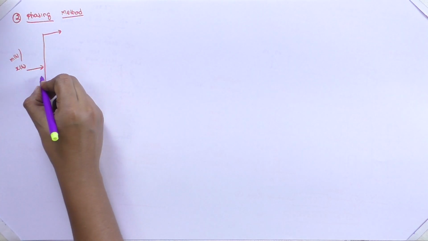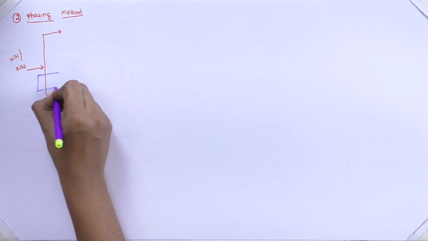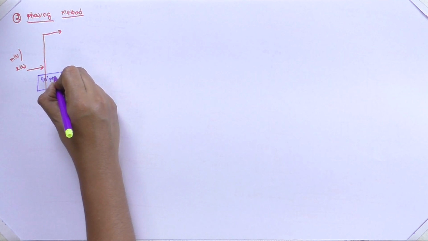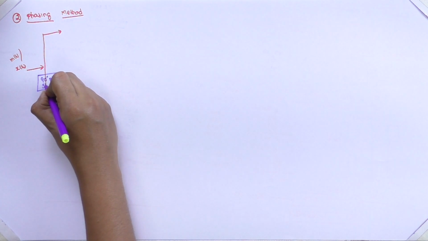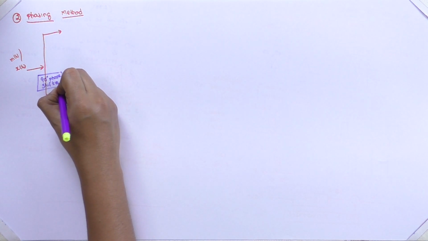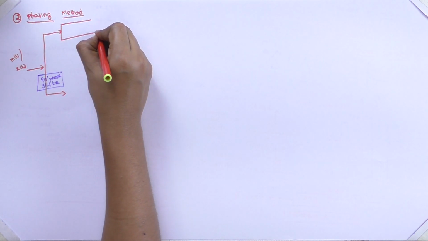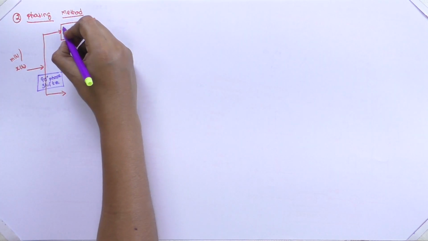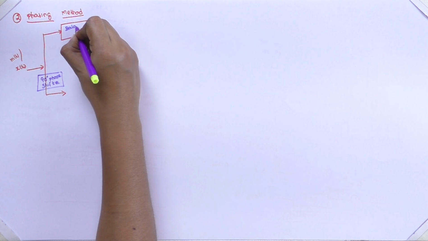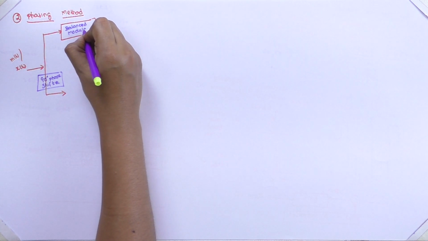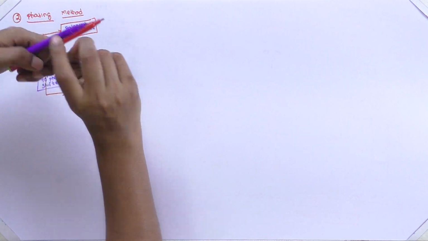Then here I have included this 90-degree phase shifter. It is passed through the balanced modulator. We have upper path and lower path.